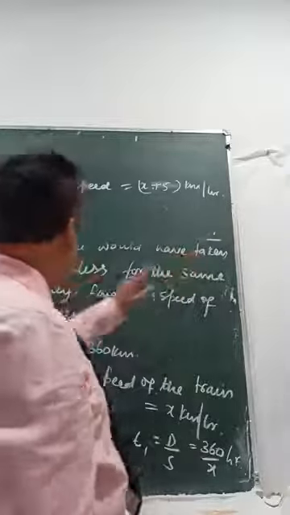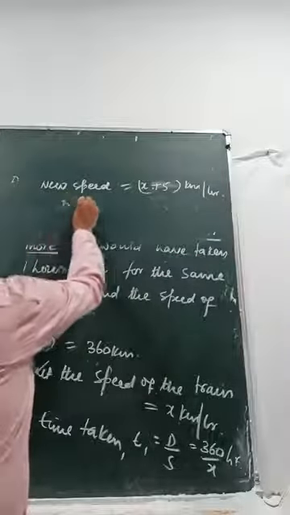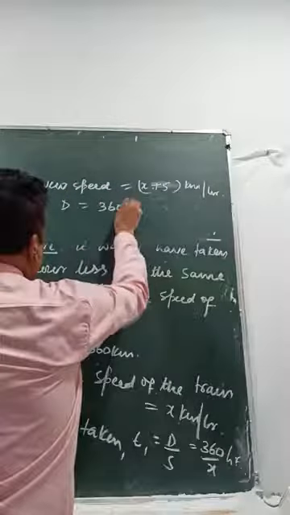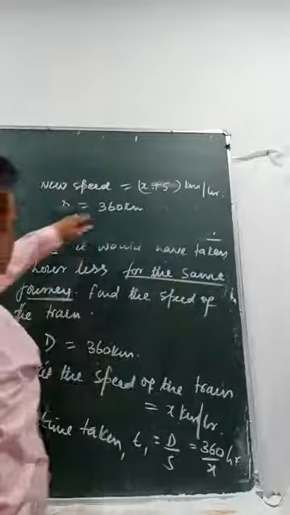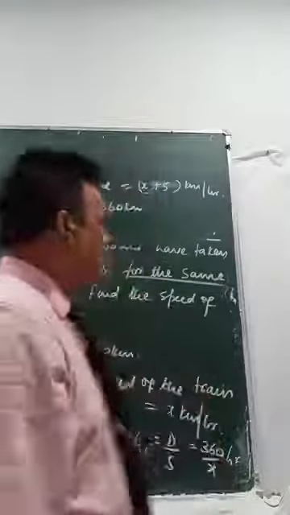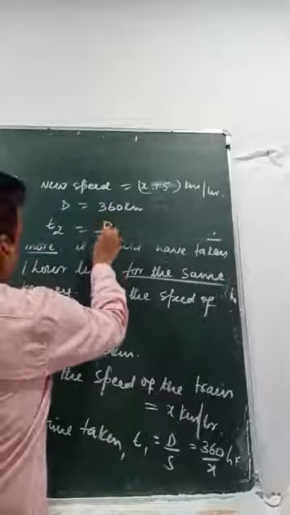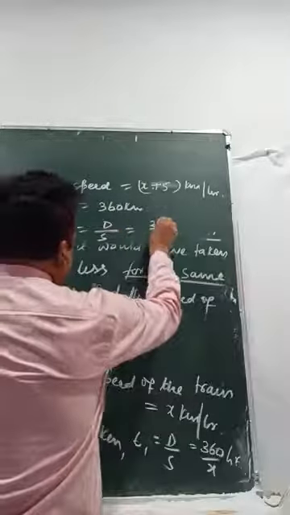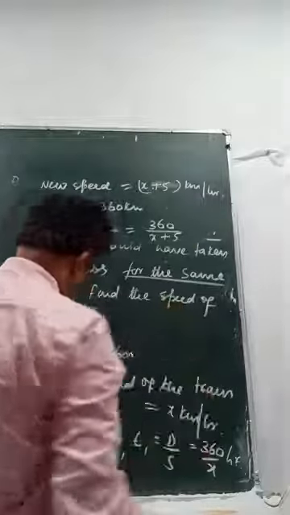It would have taken 1 hour less. So distance will be the same, 360 kilometer, because it is the same journey. Same journey means same distance. So what is the time taken again? Second time, distance by speed, 360 by x plus 5.